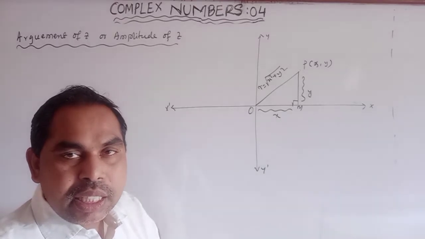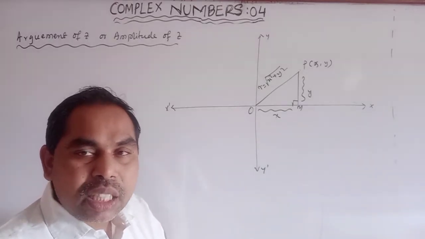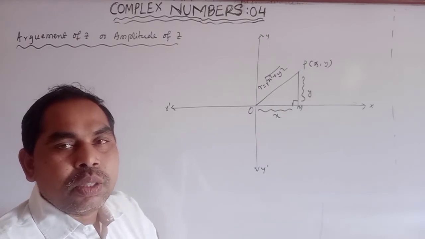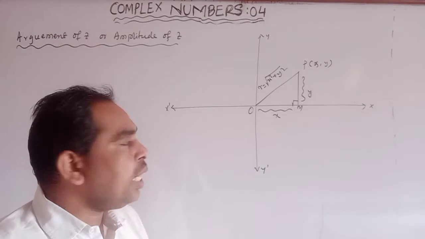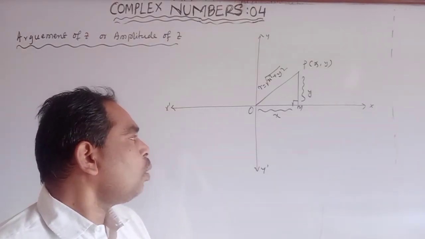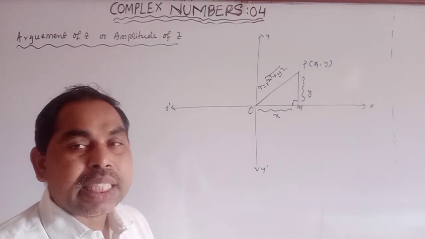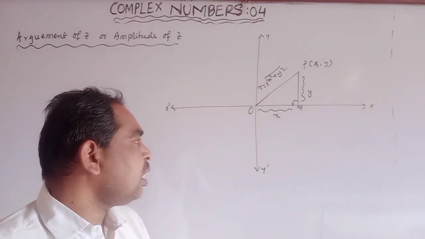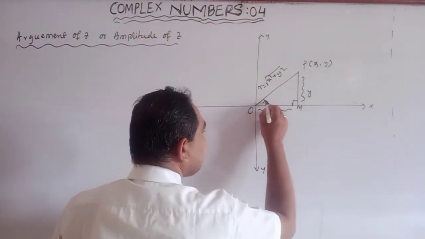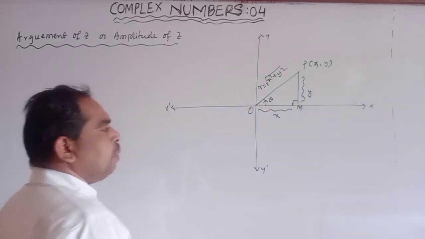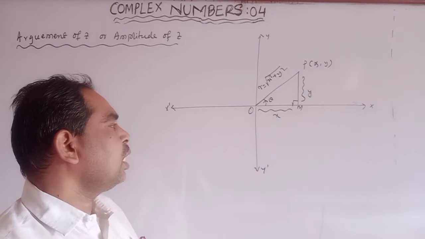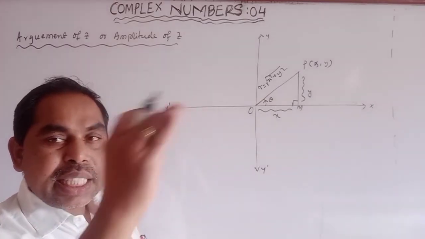Again let z is equal to x comma y, and the point P having coordinate x comma y. So the line OP makes theta angle.